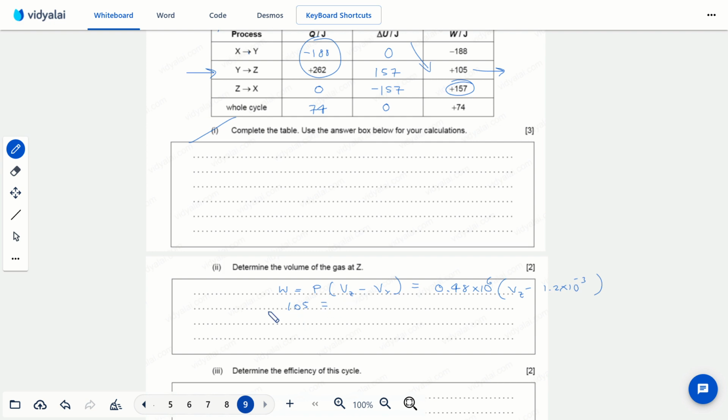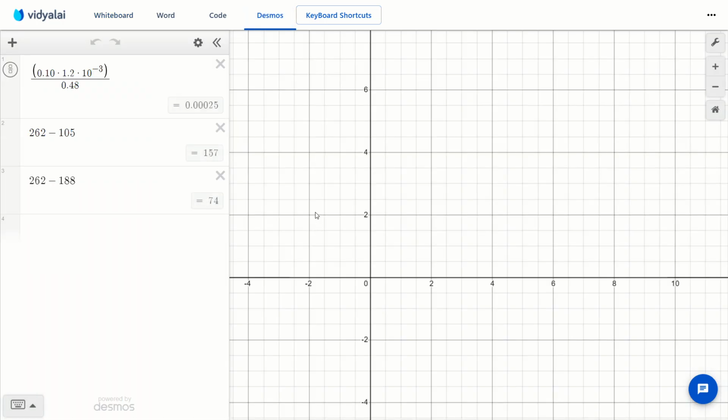So let's rearrange everything and calculate this Vz. Okay, we have Vz on one side. What we can do is perform all the calculations that's written there.